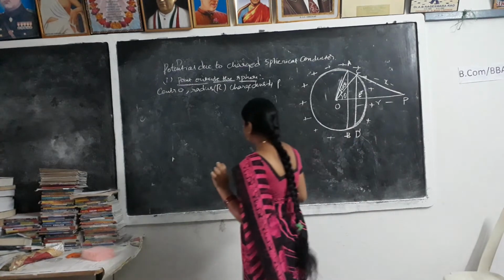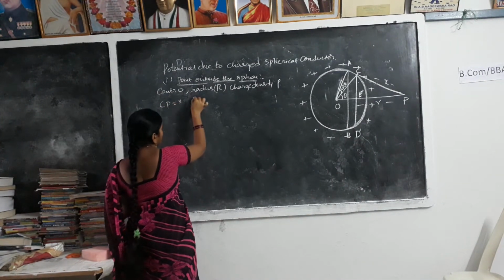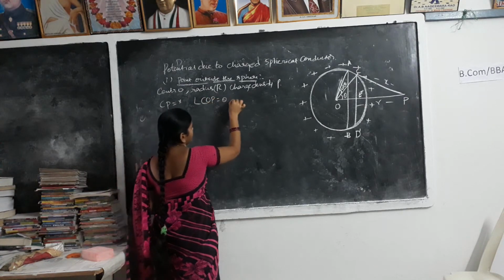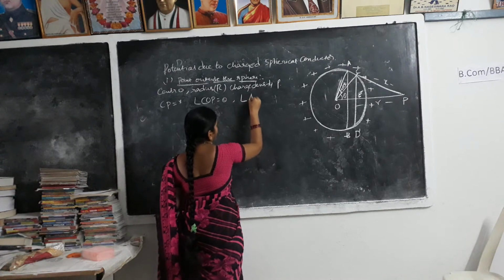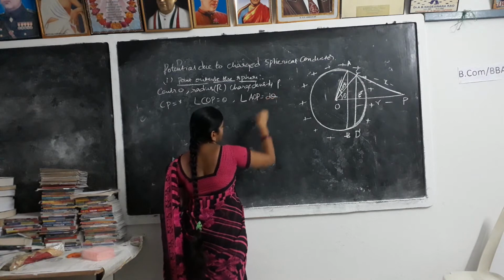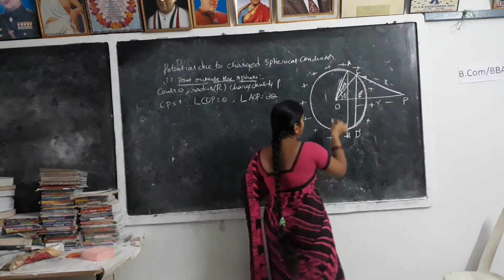Now CP equals small x, angle COP equals theta, angle AOP equals d theta.